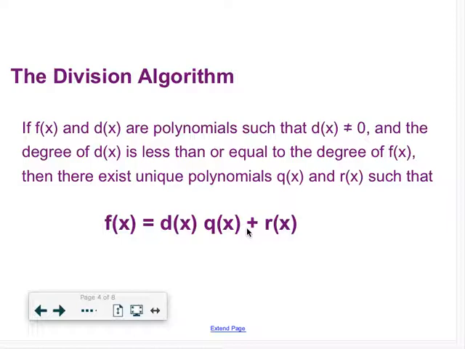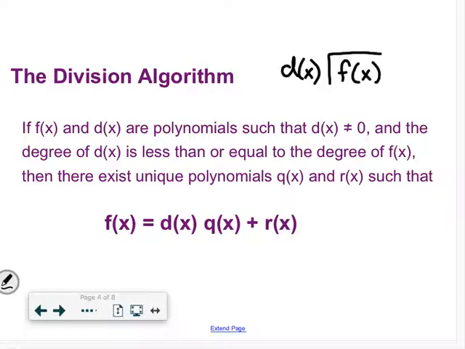So basically we're talking about two polynomials, f of x and d of x. In the division algorithm, those are the two polynomials that we are dividing. Remember, polynomials have many terms that are being added or subtracted. f of x is being divided by d of x.